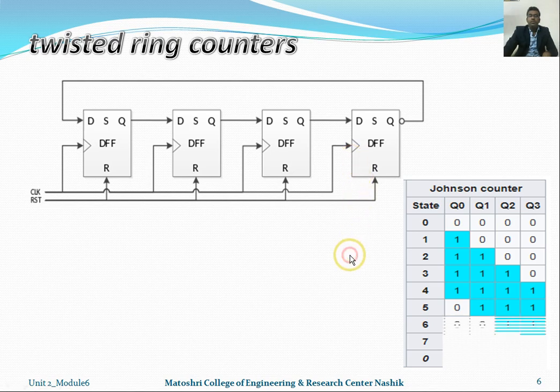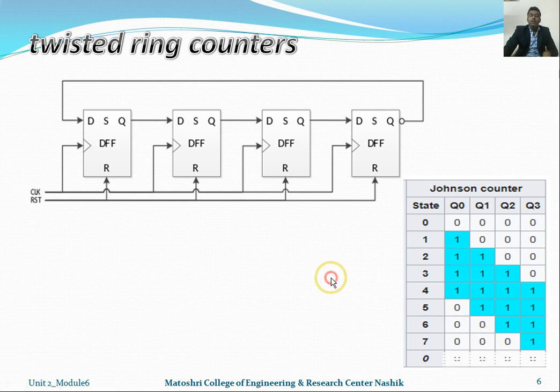For the next clock pulse, the 0 is shifted to the second, but the last flip-flop continues generating a complemented 0 output, which is a 1. In this way, in similar fashion, the data keeps ringing up to the 7th or 8th clock pulse.